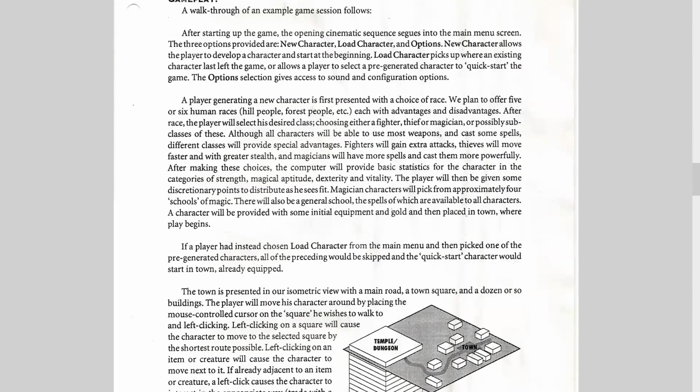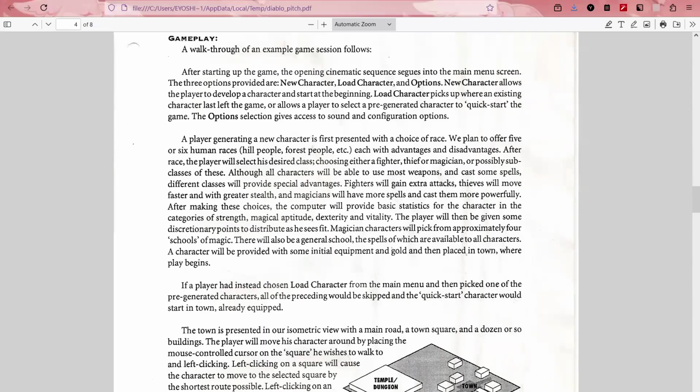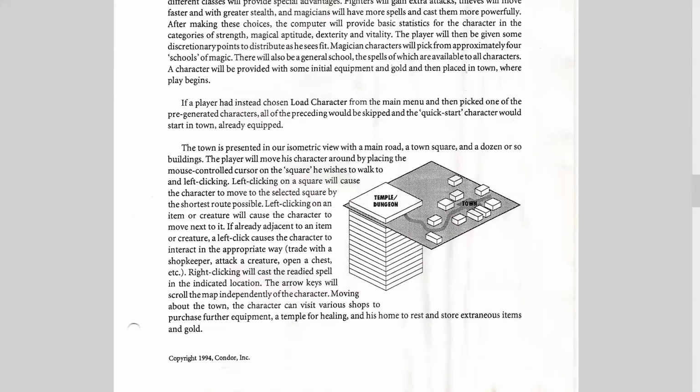I think a diagram right there with the temple slash dungeon is good. That's good to give to a general audience. You scroll down. Oh, there you go. I think that's a good general diagram to give to even programmers or other designers.